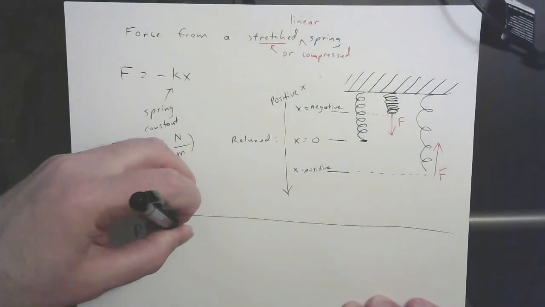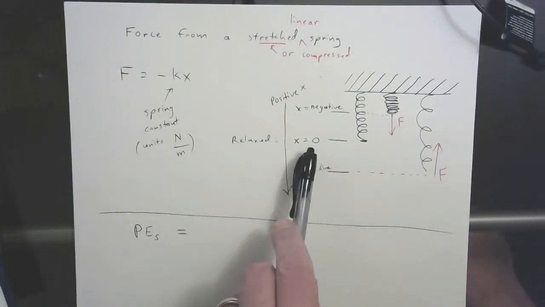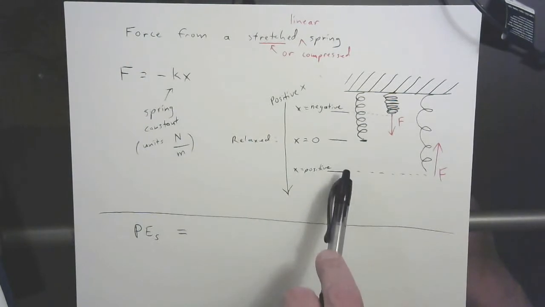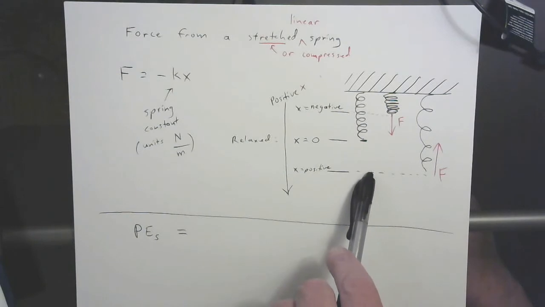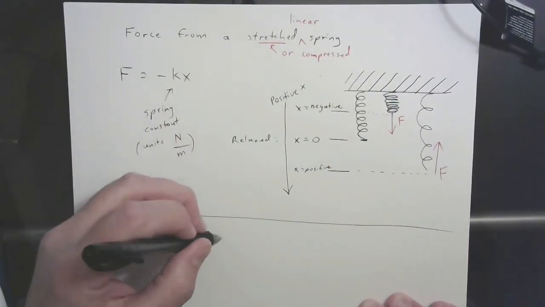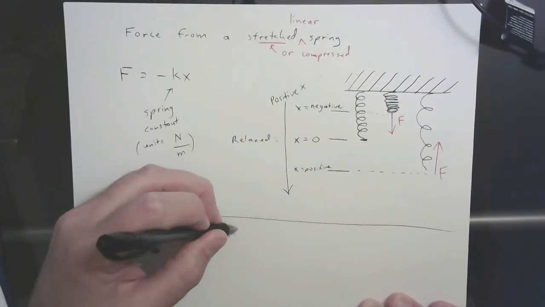And then we figured out that, well, it's no fair because we had no force at the beginning, and then we had full-on kx force at the end. So let's take the average of that. So there was a 1/2 in there. So 1/2 kx squared.